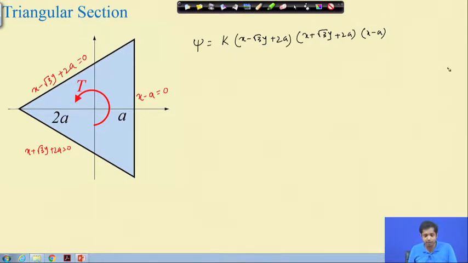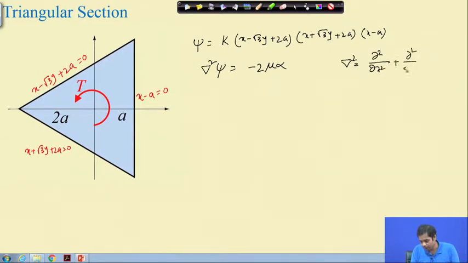Now, once we have that psi, we have to determine the constant k. What is the equation? The equation was del squared psi, the Poisson's equation, equal to minus 2 mu alpha. Mu is the shear modulus and alpha is the angle of twist per unit length. The del squared operator is del squared by del x squared plus del squared by del y squared, right.